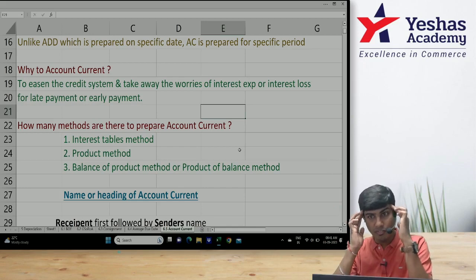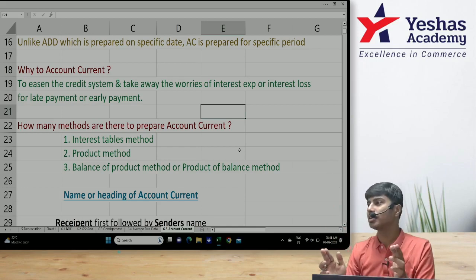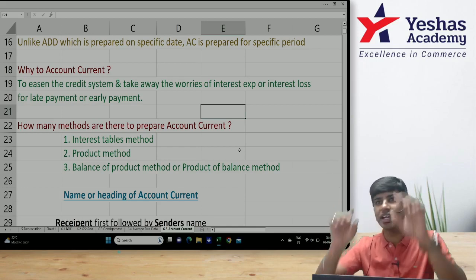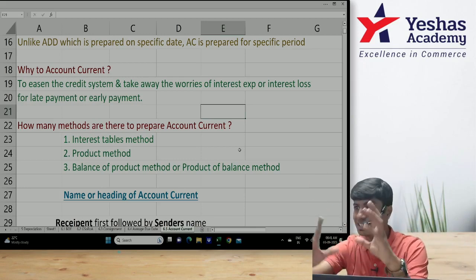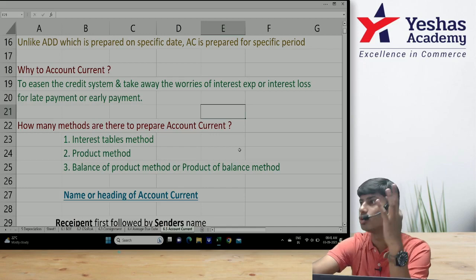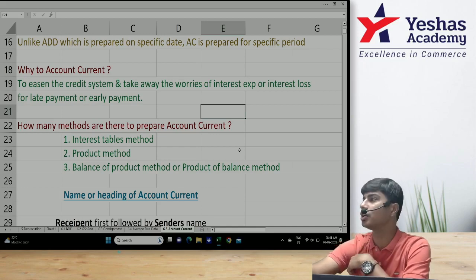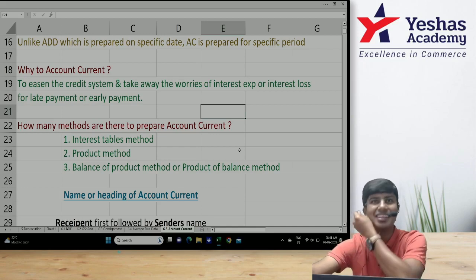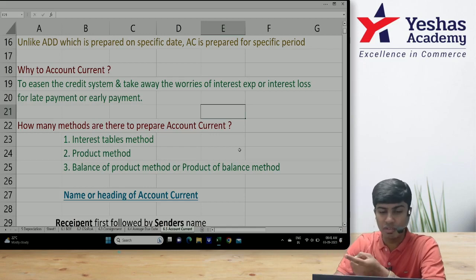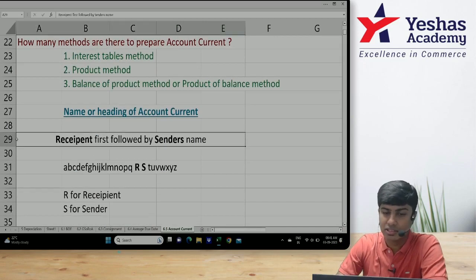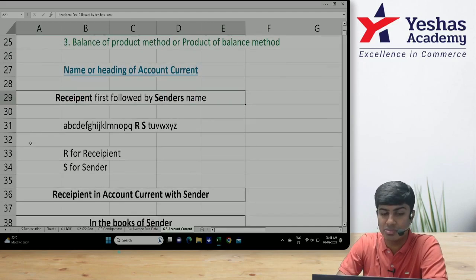From the perspective of Diksha, she'll write in the books of Diksha, Varun account. She prepares it and then gives it saying, this is the money that you owe me, this is the amount of interest that you owe me for delayed payment. That is an account current prepared by Diksha and given to Varun. So the recipient's name comes first, then comes the sender's name.